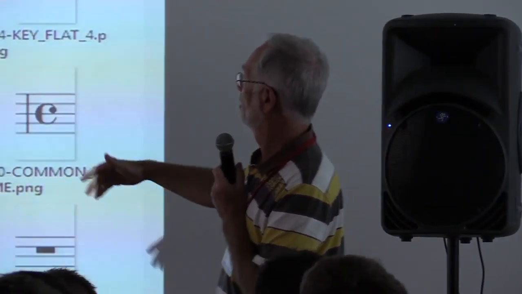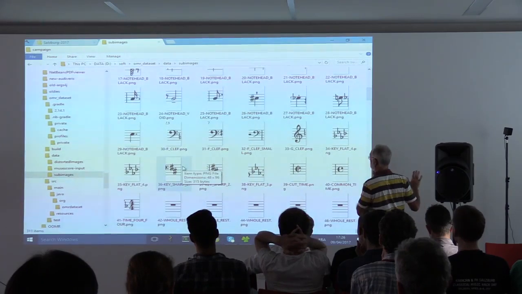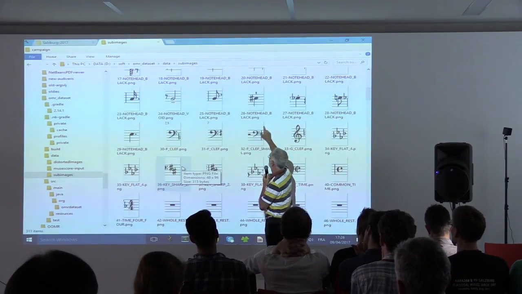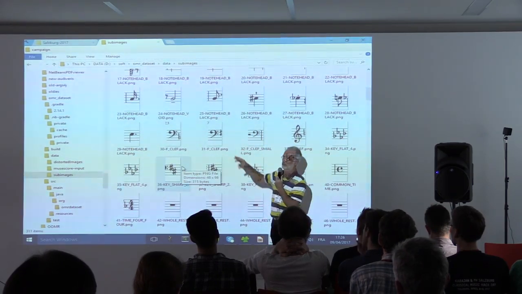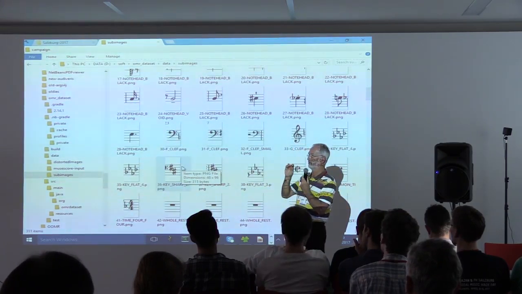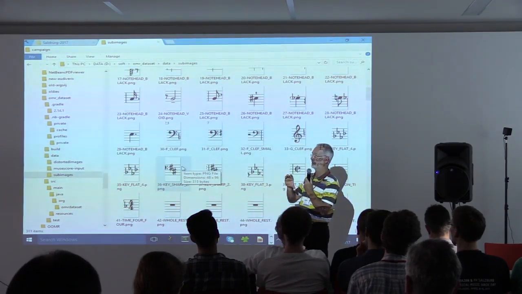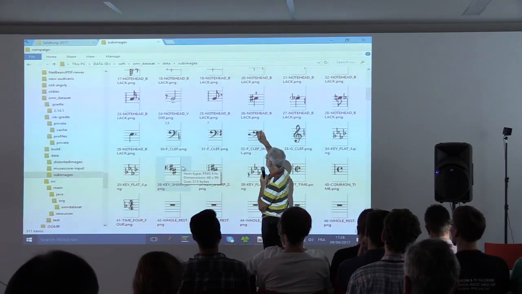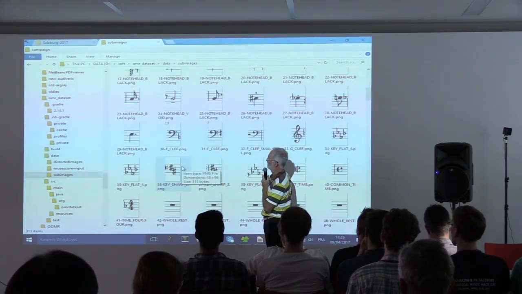Could you show the images? It's in the folder sub-images. Okay, here they are, we have a bunch of them. Could you just stop a little? So you can see that this is a context, which is a rectangular area with always the same width and the same height, centered on the middle of one symbol.